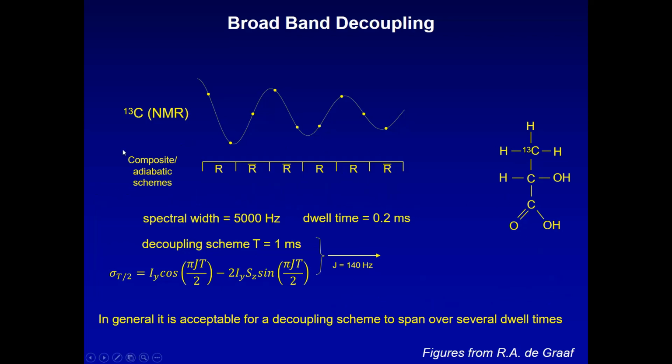So broadband decoupling uses composite pulses. Composite pulses are groupings of hard pulses, just like the 1-1 bar example that we discussed in another lecture for water suppression.